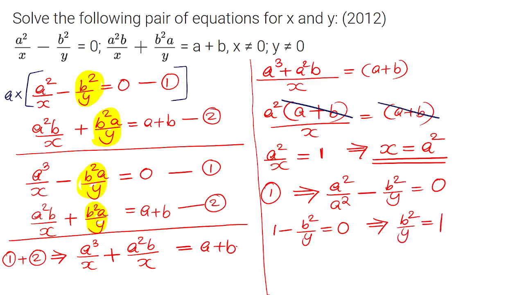These are the simple steps. Arranging, do the cross multiplication. Y into 1 will be b square. So I solved it. X equal to a square and y equal to b square. These are the solutions.